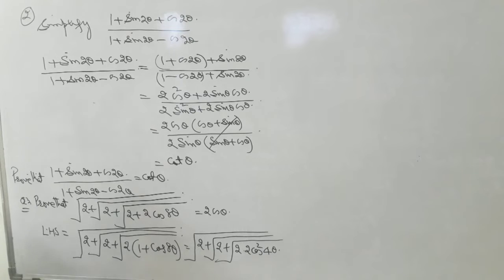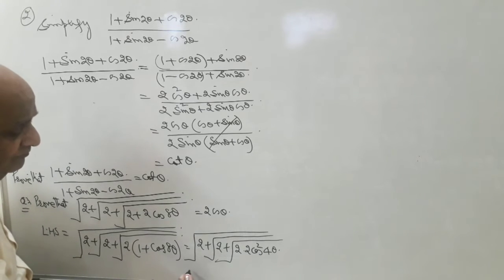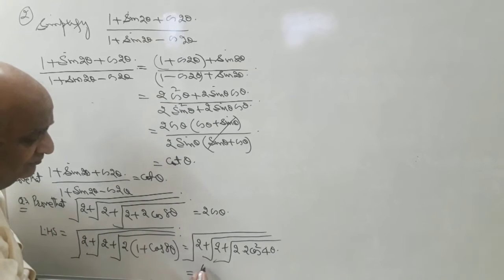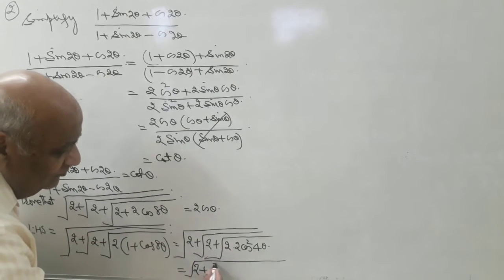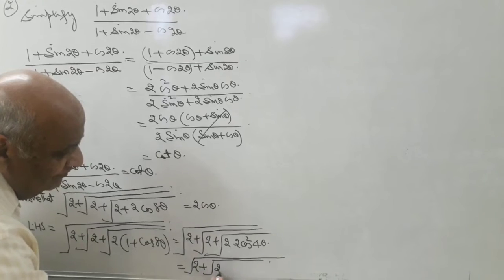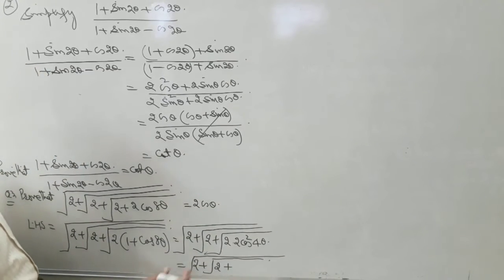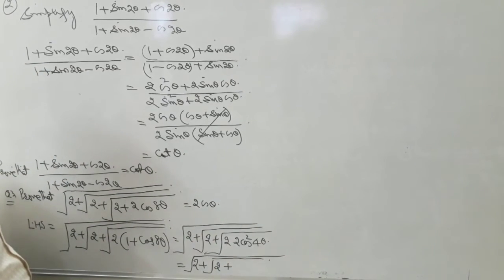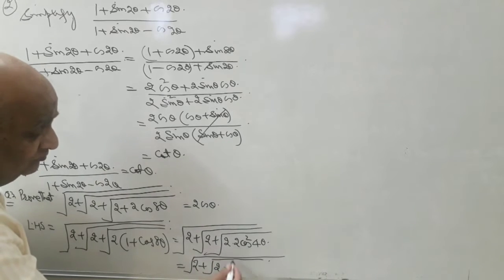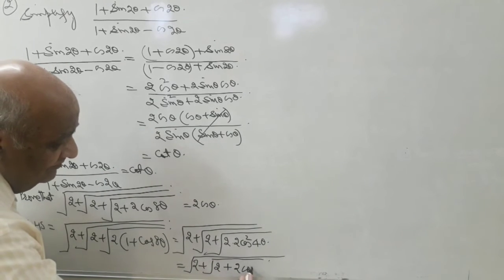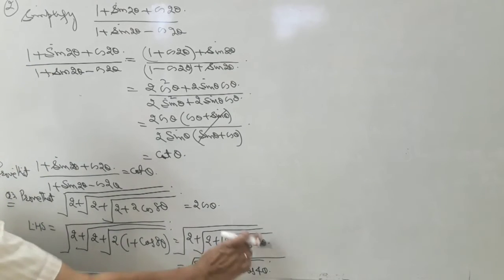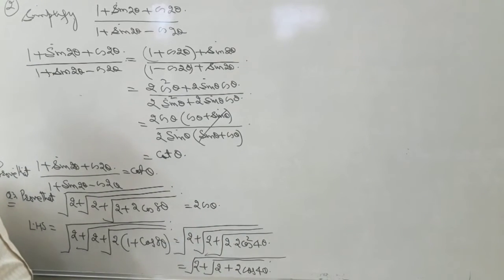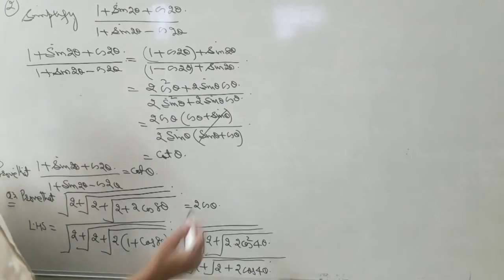So it is 1 plus cos 8 theta. This is equal to under root of 2 plus under root of 2 plus 4 cos square 4 theta, that is under root of this, 2 cos 4 theta.